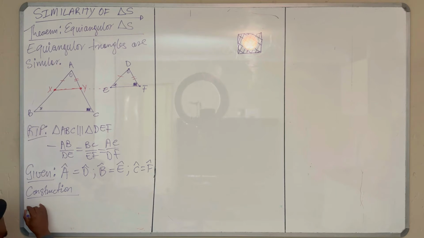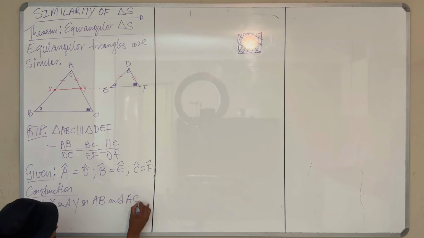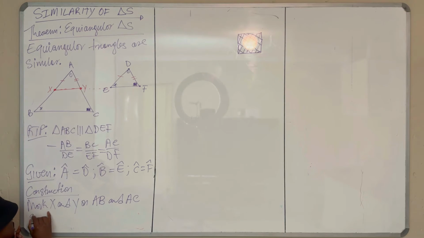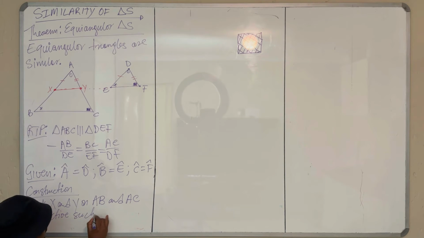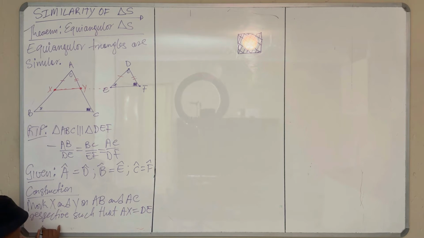So let's go and write it down. We're going to say, let's mark X on AB and Y on AC, respectively, such that AX is equal to DE and AY is equal to DF.